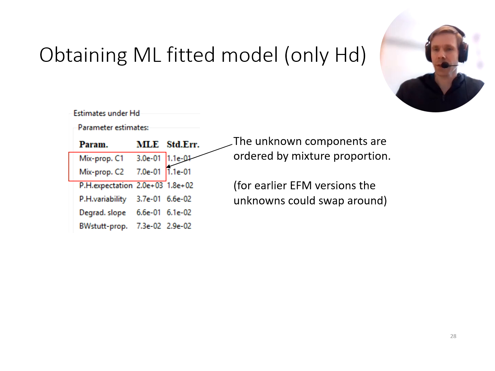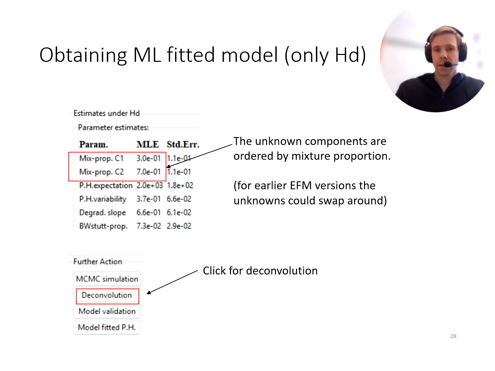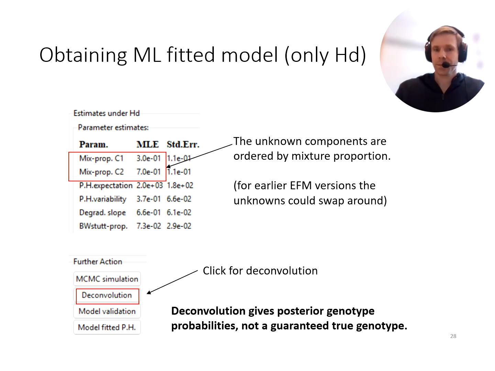It was random which was the minor and the major profile of C1 and C2. So to do the deconvolution, we will click deconvolution. Notice that deconvolution gives the posterior genotype probabilities, and these are not the guaranteed true genotypes of the contributors.